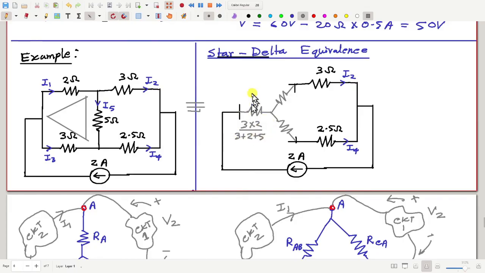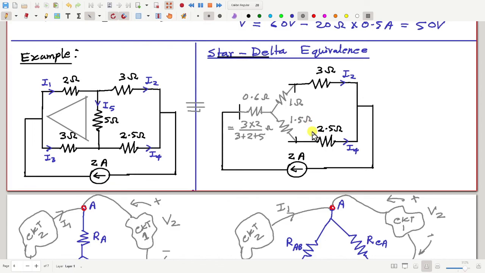So this is 0.6 ohm. Similarly, how much will be this resistance? 1. 2 into 5, 10 by 10, 1 ohm. And this one will be 3 into 5, 15 by 10, so 1.5 ohm.